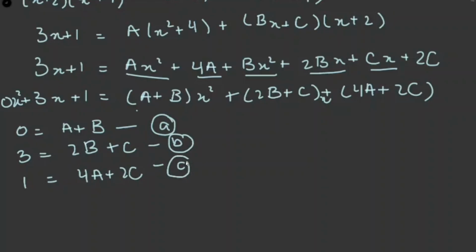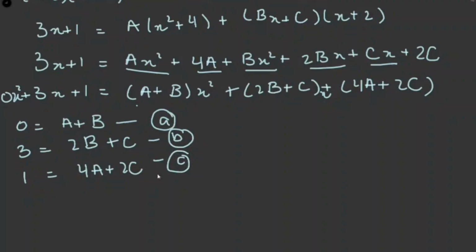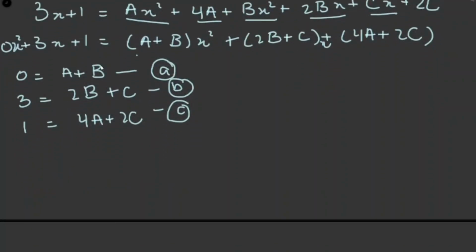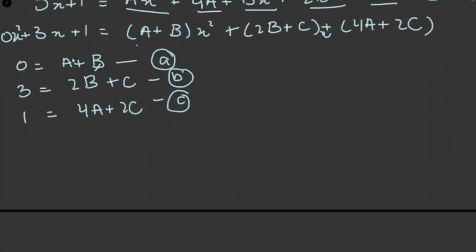Previously we did them by the crossing method. Now we would do them by substitution. So we can get the value of either a or b from this one. So we can rewrite this equation as b is equal to minus a. Now we would substitute this value into this equation.